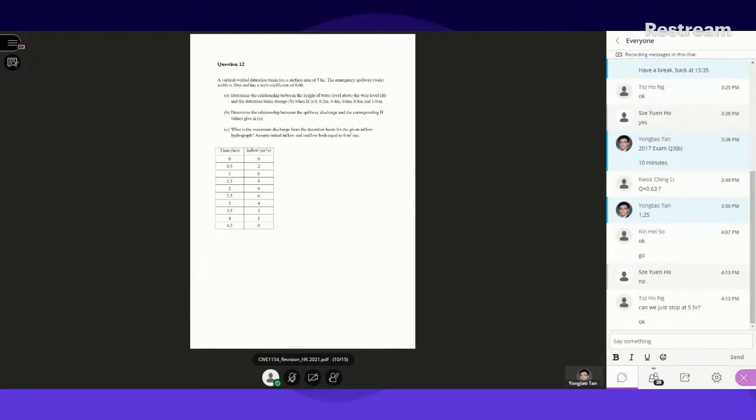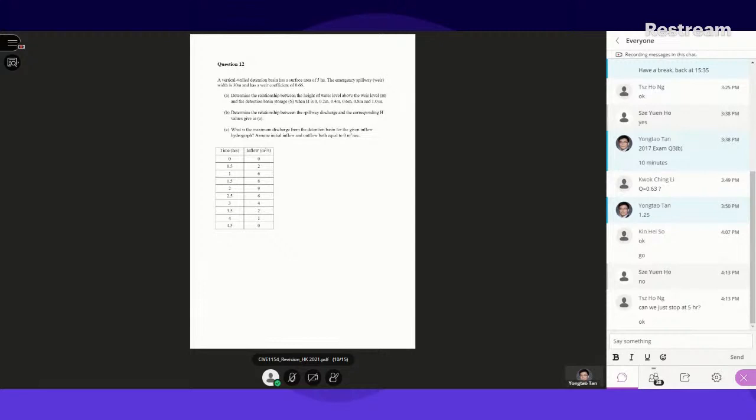Now let's look at the next question, question 12. The inflow hydrograph is given here. It is a vertical wall detention basin with a surface area of 5 hectares, an emergency spillway width of 30 meters, and a coefficient of 0.66.